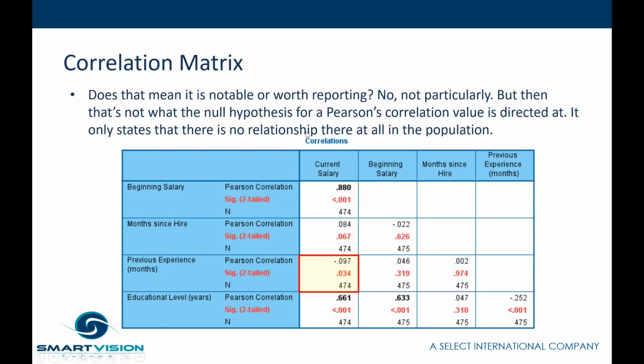Does that mean it's notable or worth reporting? No, not particularly. But then that's not what the null hypothesis for Pearson's correlation value is directed at. It only states that there is no relationship there at all in the population. Doesn't mean it's worth pointing out, in other words. So that is our classic example of when is a significant result not that significant.